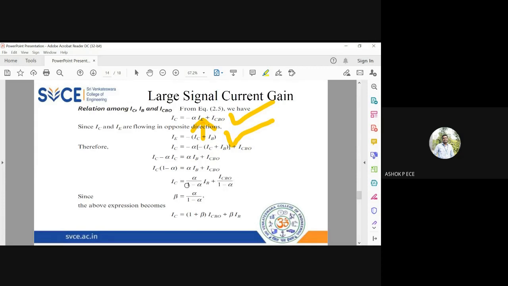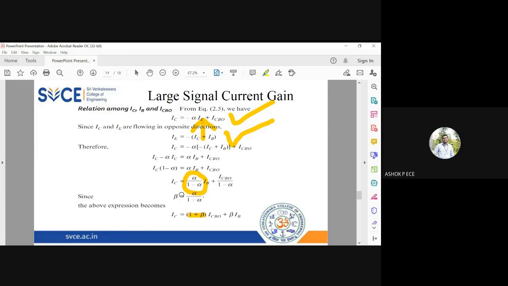Okay, so now I'm going to simplify this alpha by 1 minus alpha by a term called beta. So I can write IC equal to beta into IB. And if beta equals alpha by 1 minus alpha, then 1 by 1 minus alpha will be equal to 1 plus beta.